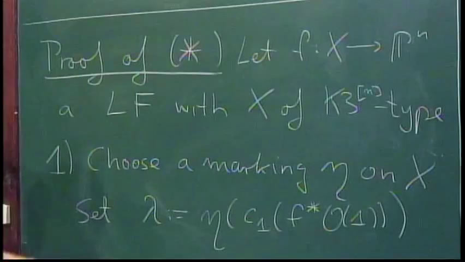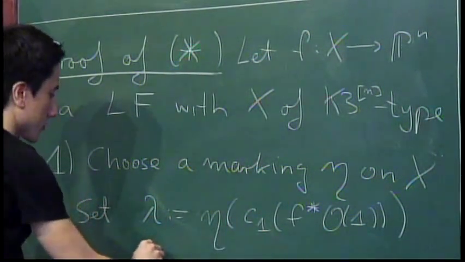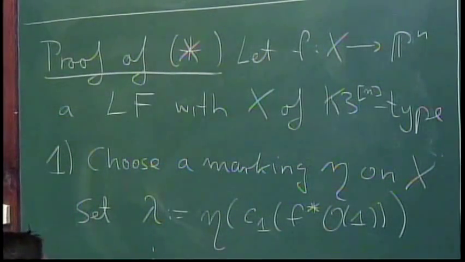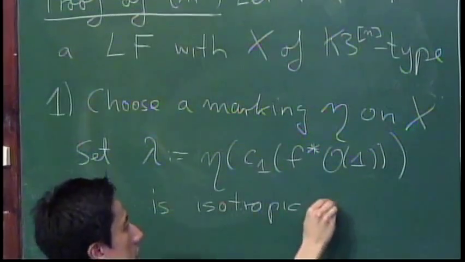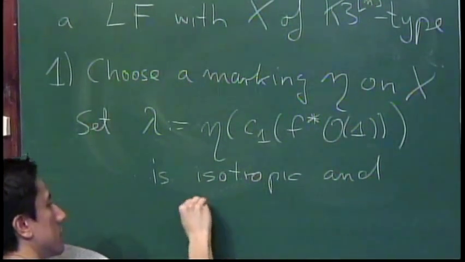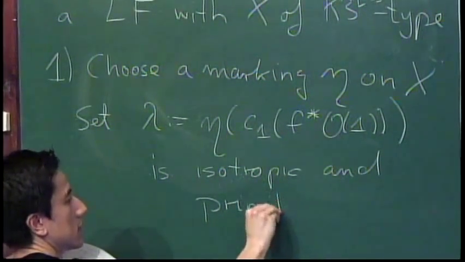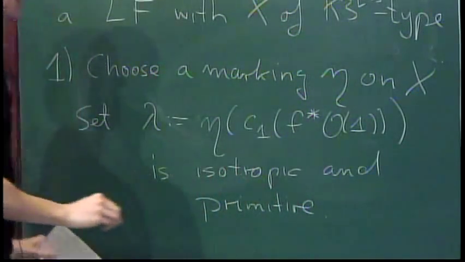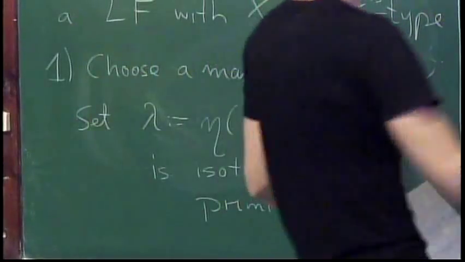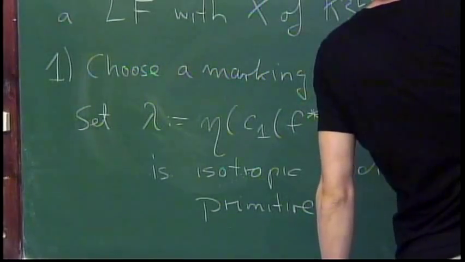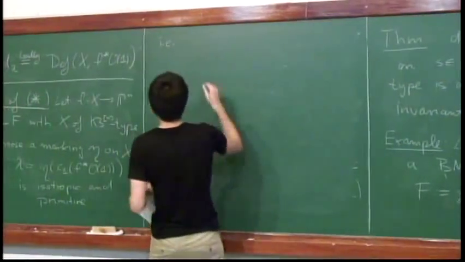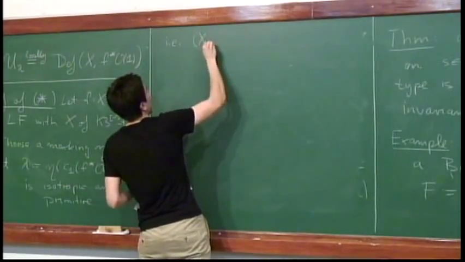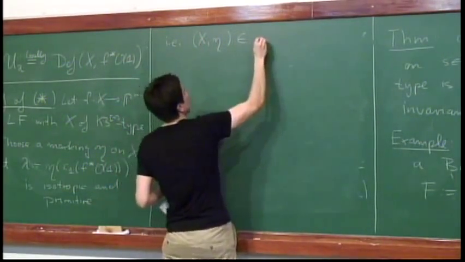And actually with Fujiki's relation, you can see that this element is isotropic, and also that it is primitive. So this just means, if we have chosen a connected component of the moduli of marked pairs, then this pair (X, eta) is contained in U_lambda.